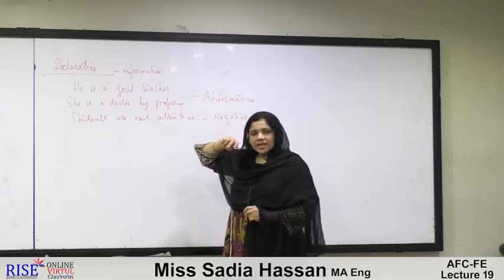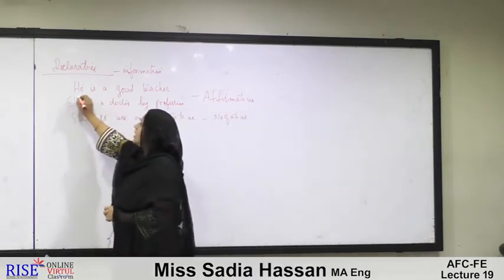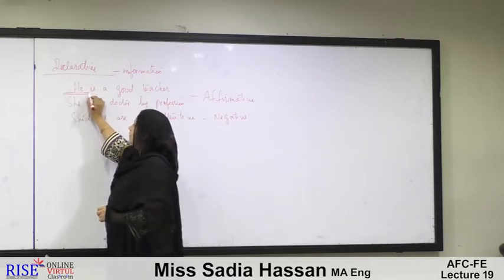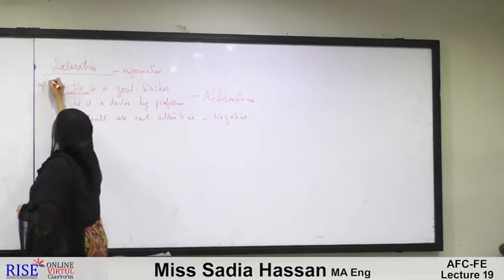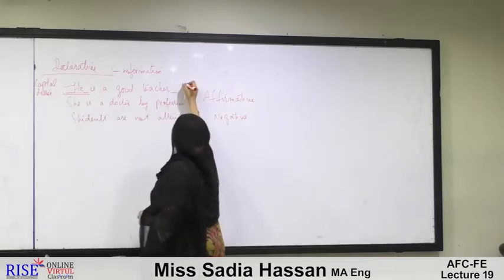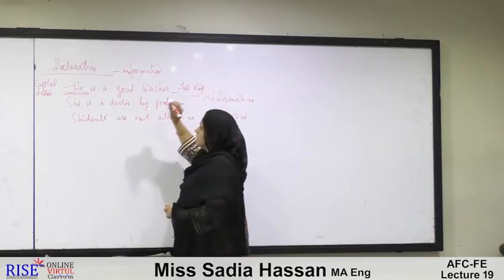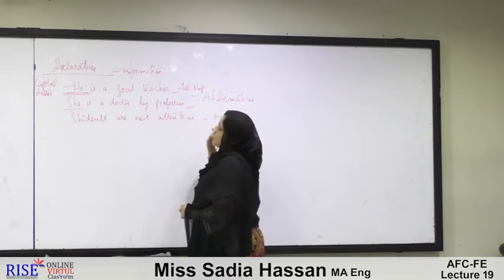So what is basically the identification of this type of sentence? A declarative sentence always starts with a capital letter and finishes with a full stop.